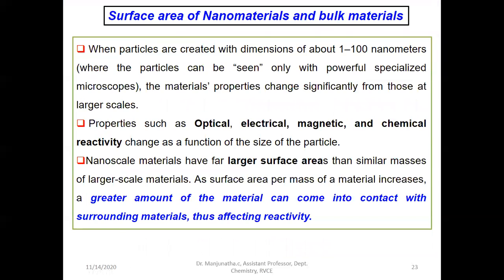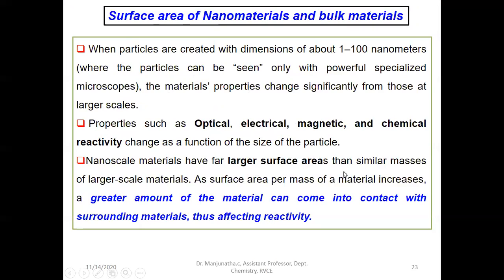So let us look at how the surface area of a nanomaterial changes with respect to its bulk counterpart. When particles are created with nano dimensions of about 1 to 100 nanometers, which can be seen only through an electron microscope, the properties are completely changed, such as optical, electrical, magnetic and chemical properties. In most cases, this is because surface area is increased.